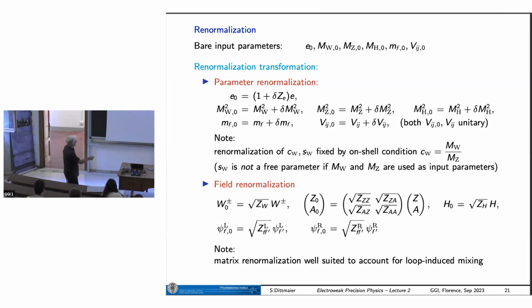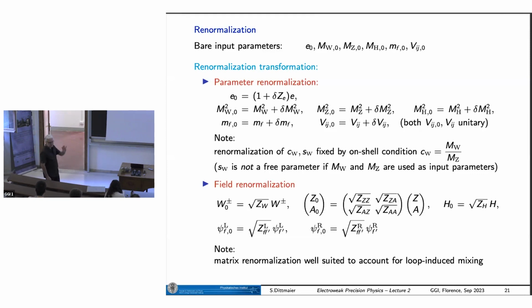So just to complete this, of course, there's also rescaling of the Higgs field, and also for the Fermi fields. Actually, if you look closer here, I have here these F primes that are summed over. So in a way, this is also a matrix valued renormalization, taking care, for example, in the quark sector, of possible mixing of quarks between generations. I will not go into details. This is typically not so important in practice unless you do flavor physics, for example.